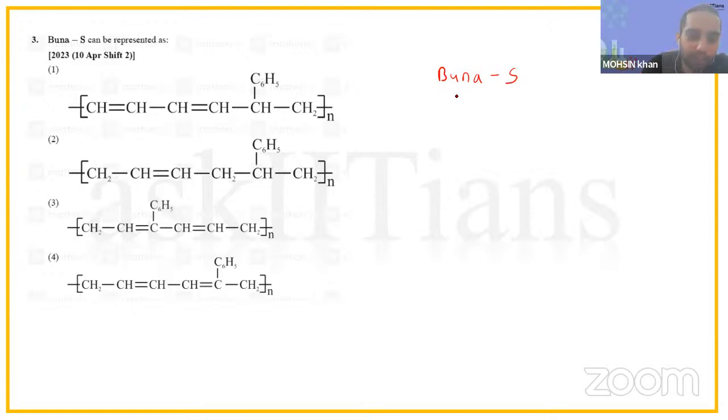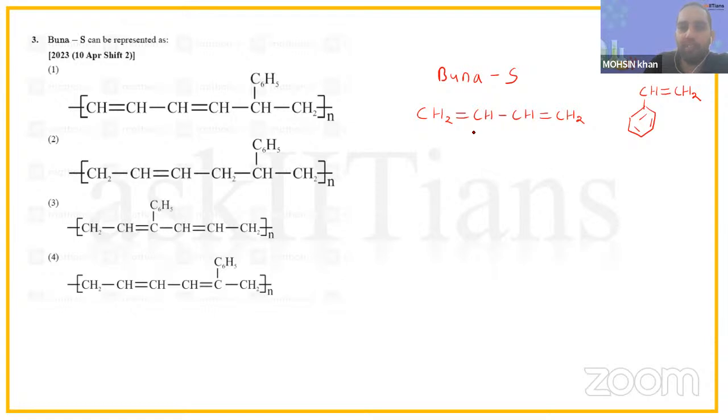The Buna part stands for CH2=CH-CH=CH2, 1,3-butadiene. And the S part is from styrene, C6H5-CH=CH2.